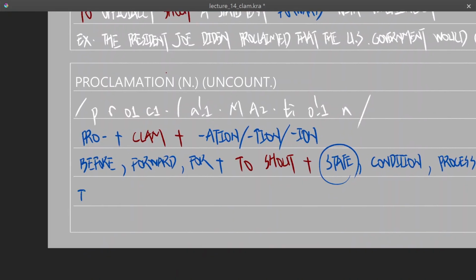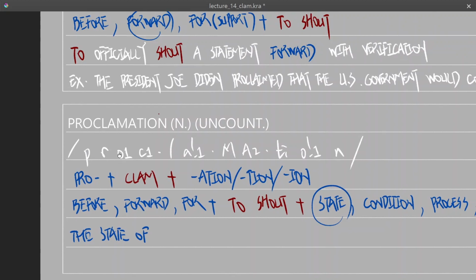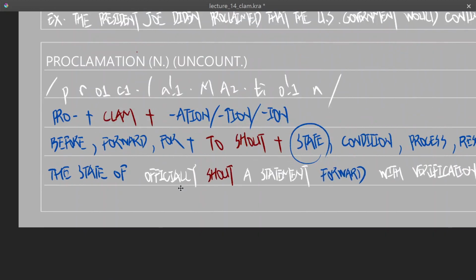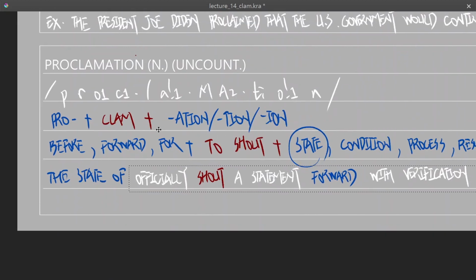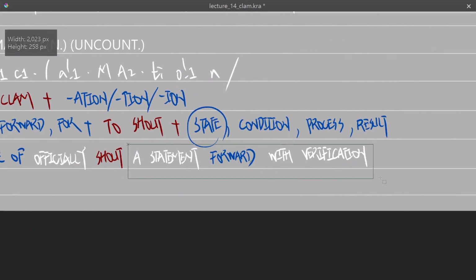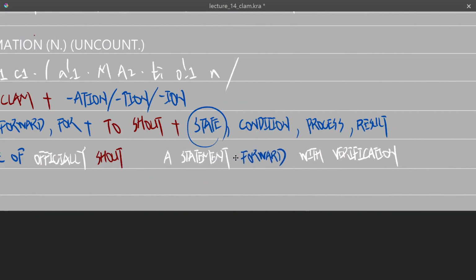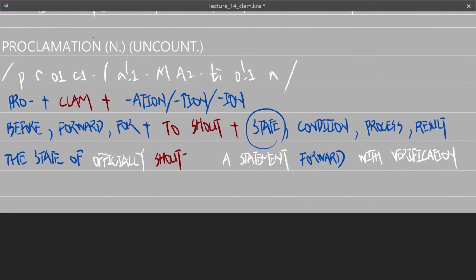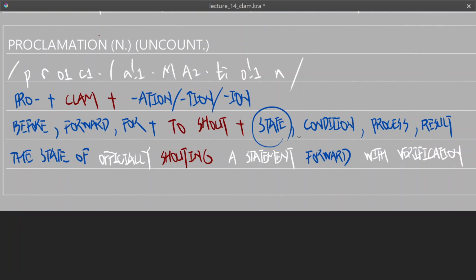So let me revise it. Officially shouting a statement forward with verification.